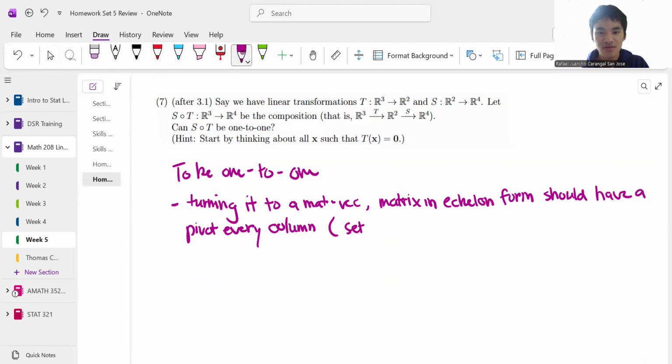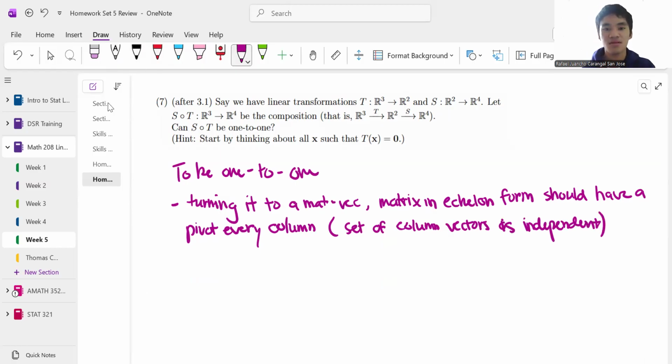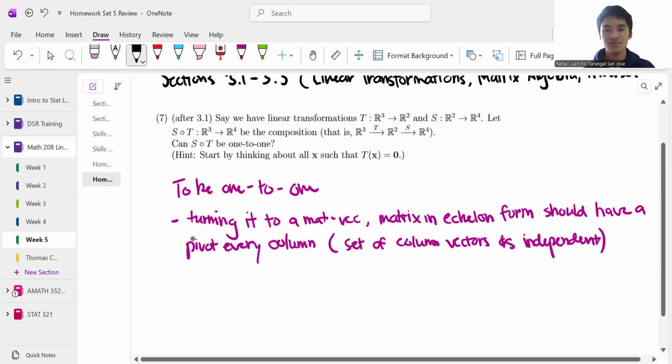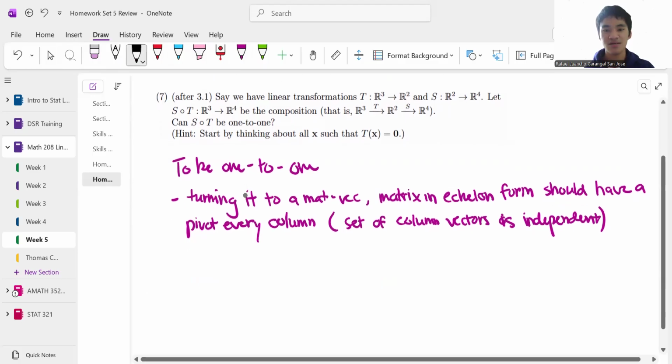We're talking about the set of column vectors is linearly independent. Okay, that's what we can think about doing. So the hint is to start thinking about all x such that T of x is 0.